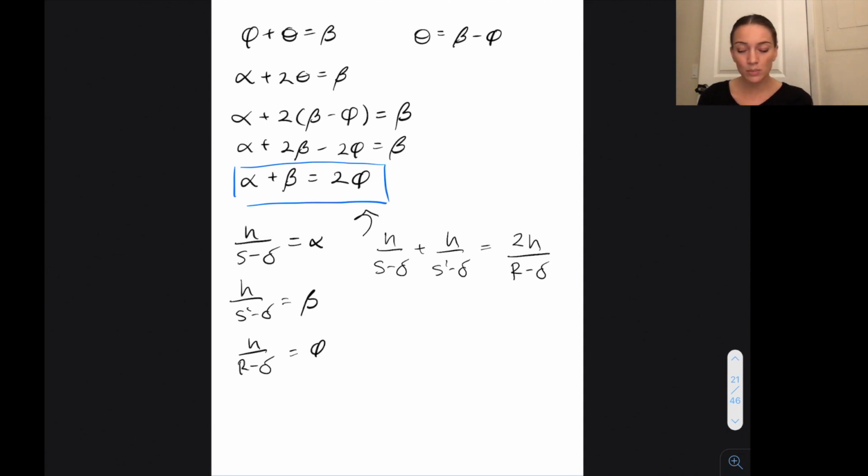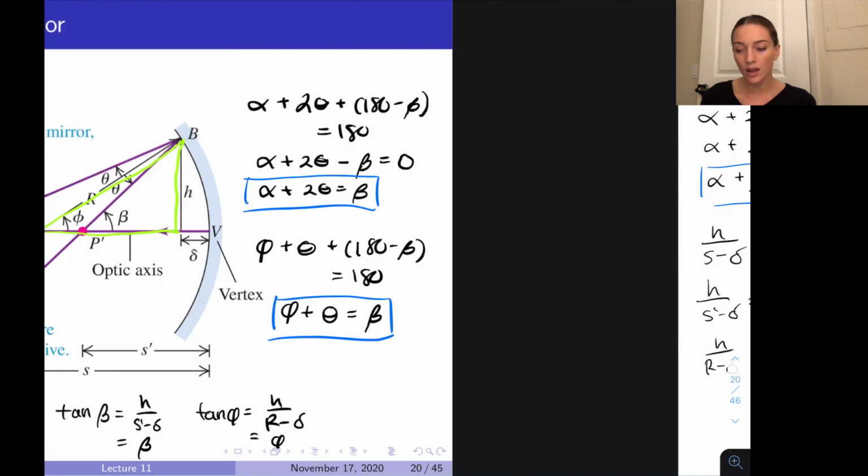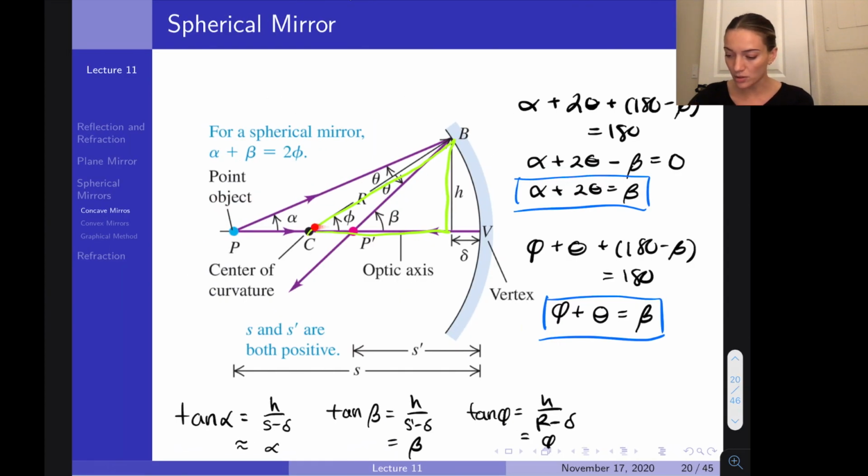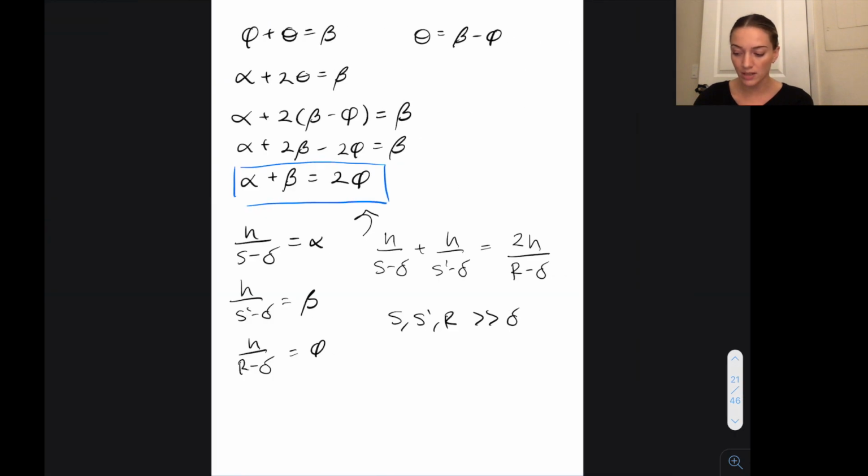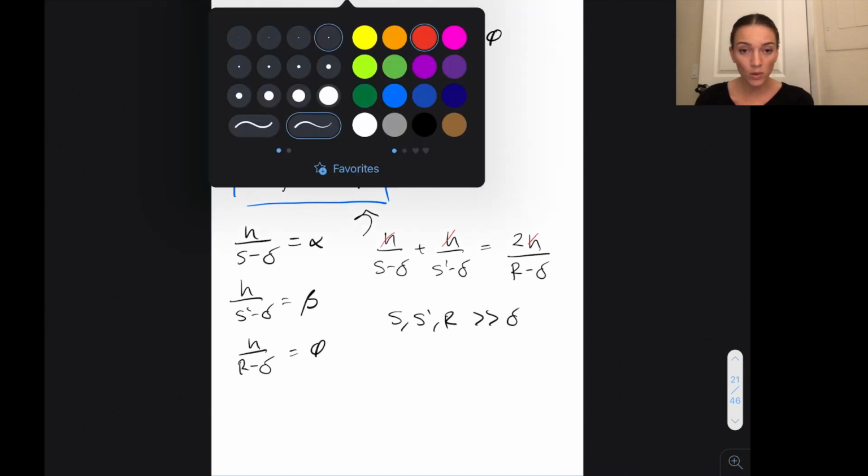Since this is an approximation, we're saying that S, S prime, and R are all much bigger than this little length delta. Our radius of curvature, our image point, and our object point are all much bigger than delta. So in this equation, I can just ignore delta and take it out. Also, you can see that I have H in all of my terms, so H will cancel out from all three of these terms.